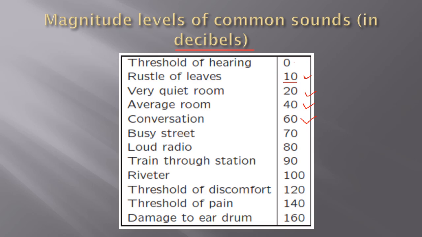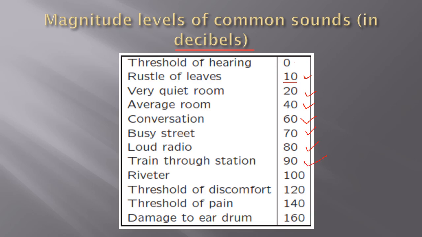So if I am speaking very softly, then the strength is equal to the average room, and we could hardly hear what I'm speaking or what you are speaking. A busy street is 70 dB, and a loud radio is 80. A train through a station is 90 dB.